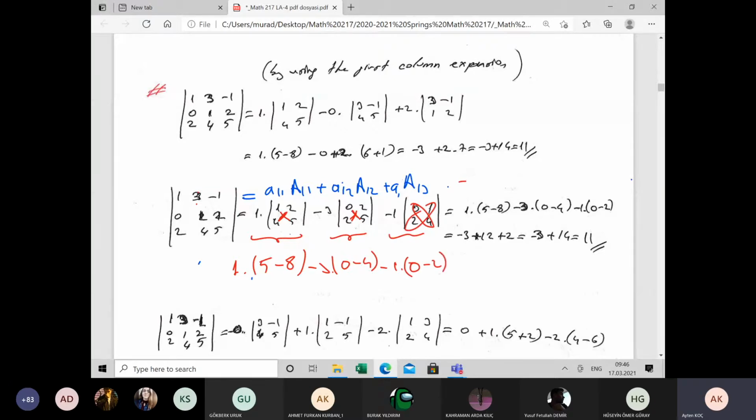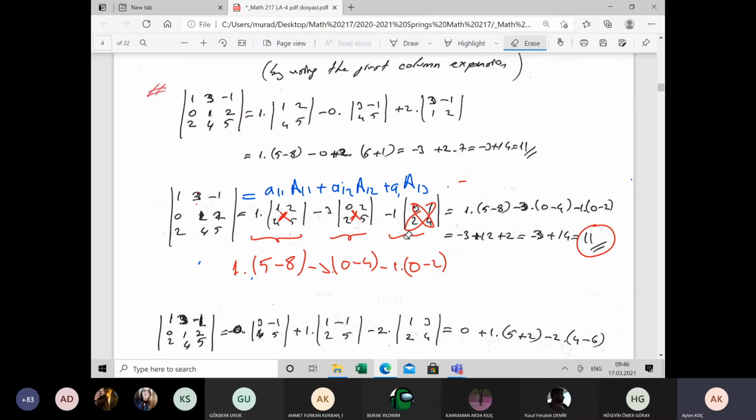We claim that this result does not depend on the row or column expansion. Choose one row or another row, or any column, and we obtain the same result. Let's see that.